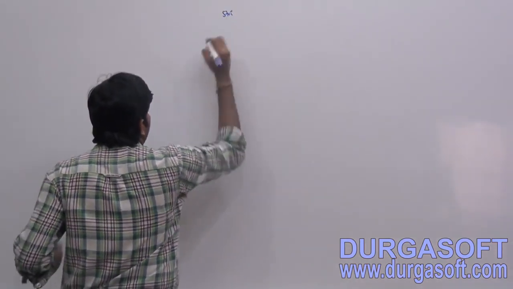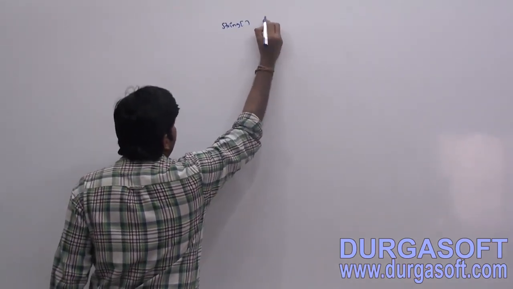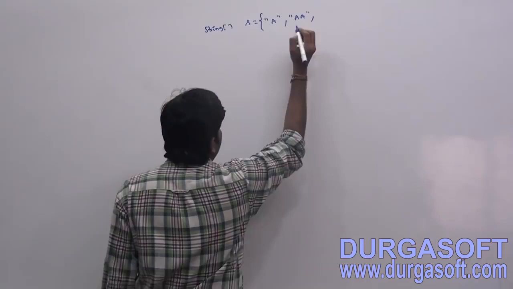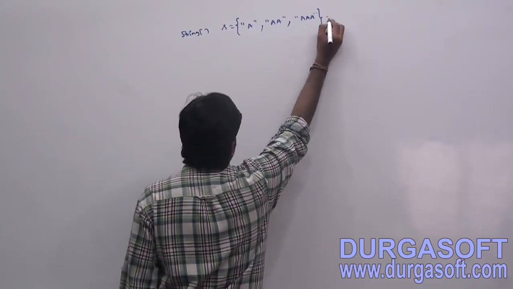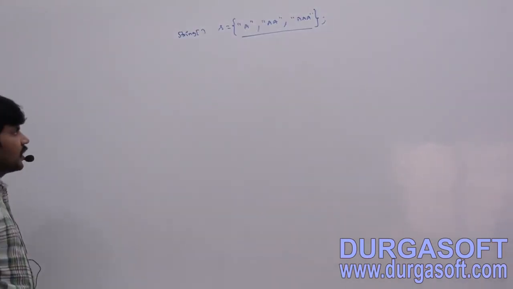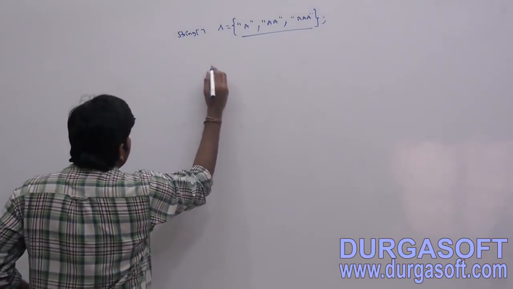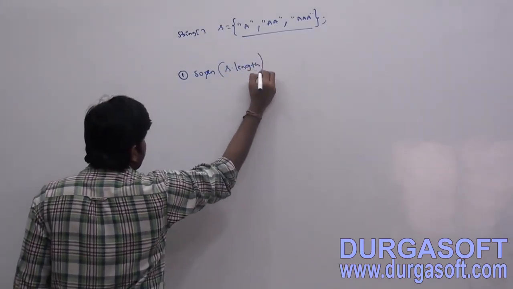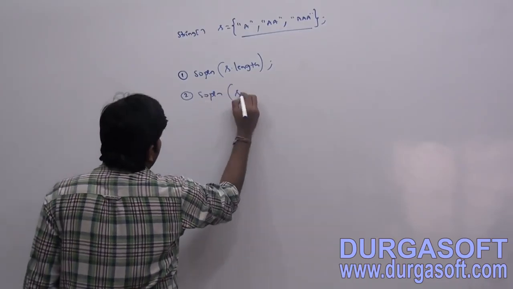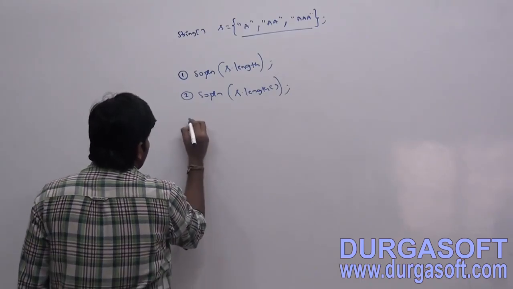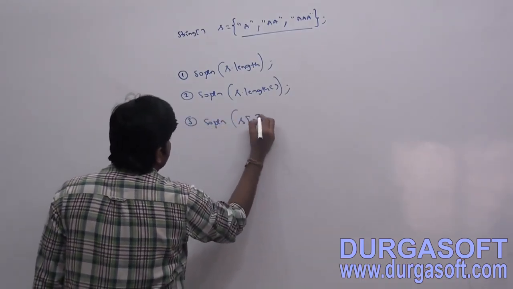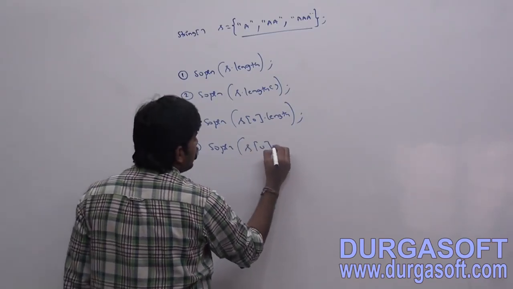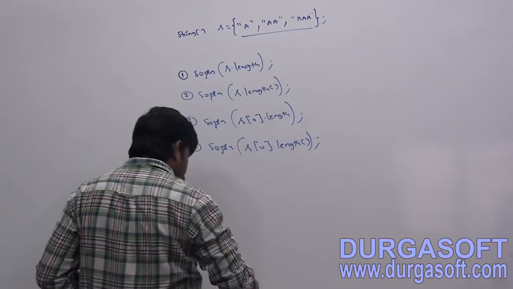Sir, I am taking one string array s, with elements like this, a, b, c. Now observe, I am taking SOP of s dot length, SOP of s dot length with parentheses, SOP of s of 0 dot length, and s of 0 dot length with parentheses.